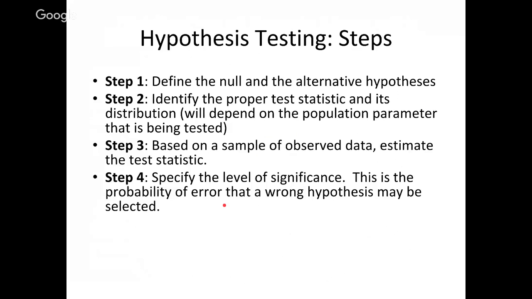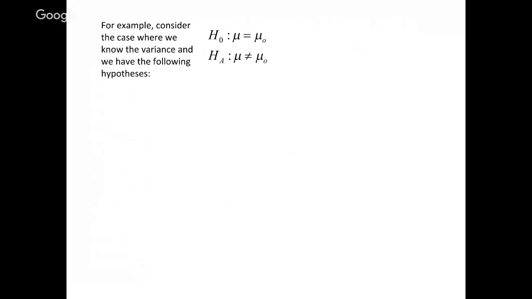Step 4 is to specify the level of significance. Essentially, it's the probability of error that a wrong hypothesis may be selected. So let me try to explain that. Come back to this example. Say we were interested in the null hypothesis that the population mean was equal to some specific value, mu naught, and the alternative hypothesis was basically everything else, that the population mean was not equal to mu naught.